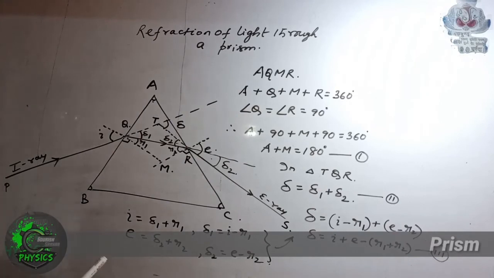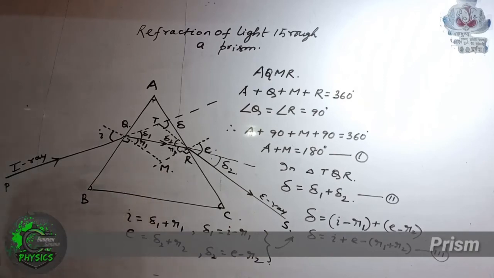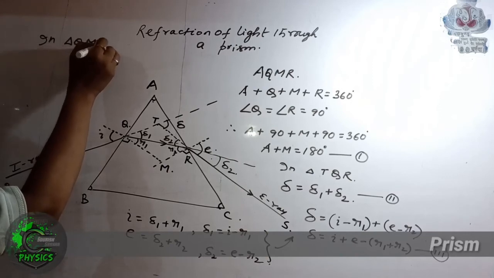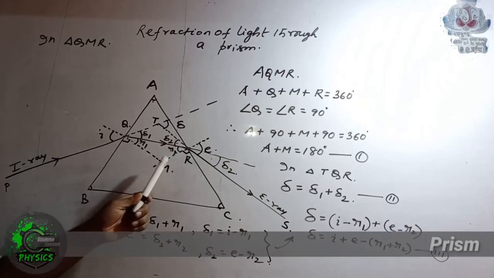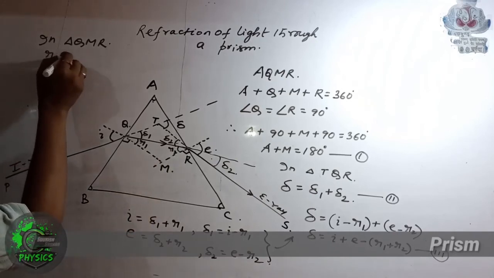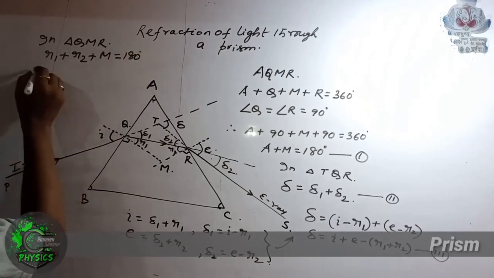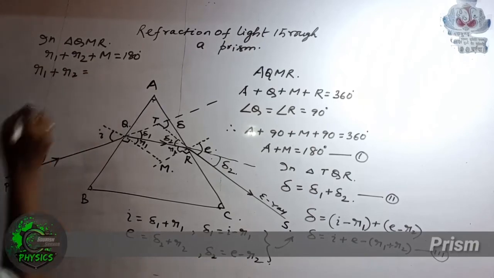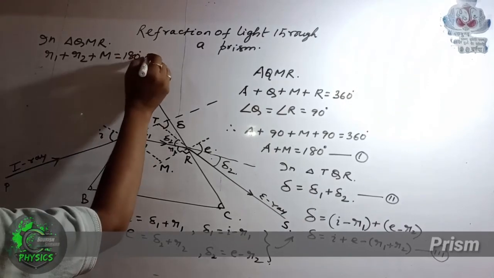Now let us see the triangle QMR. In triangle QMR, you can say R1 plus R2 plus M is equal to 180 degrees.